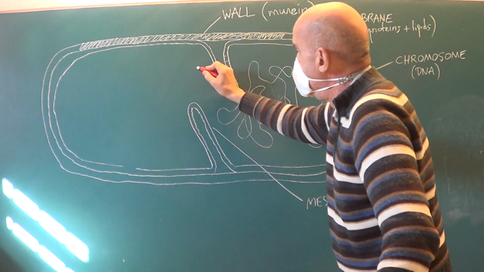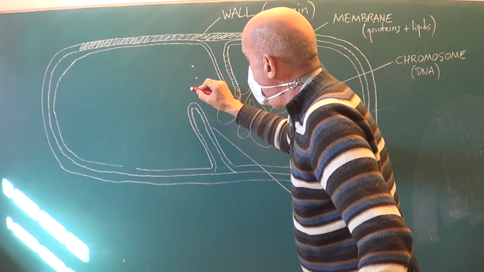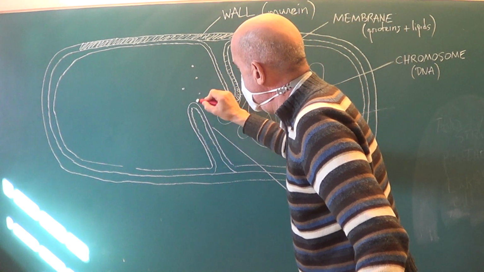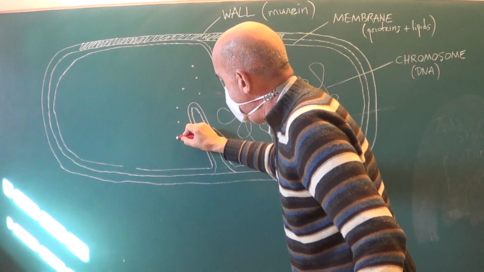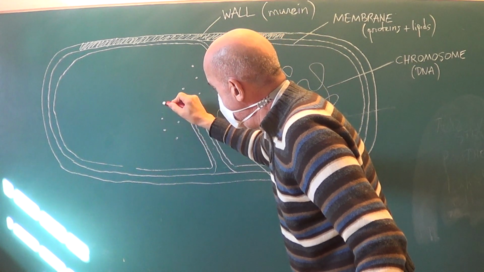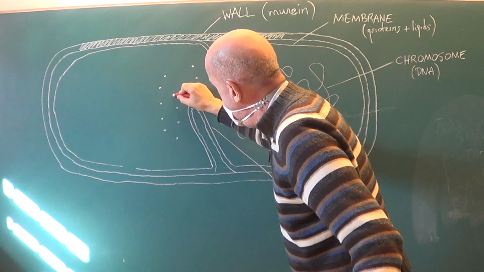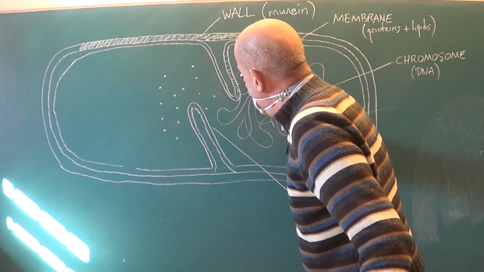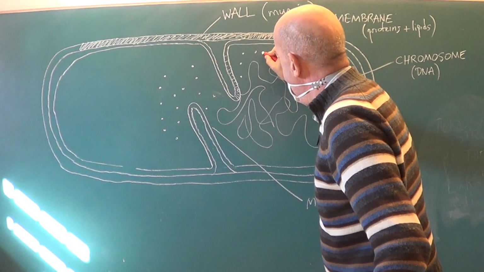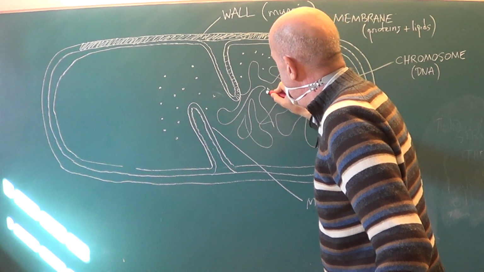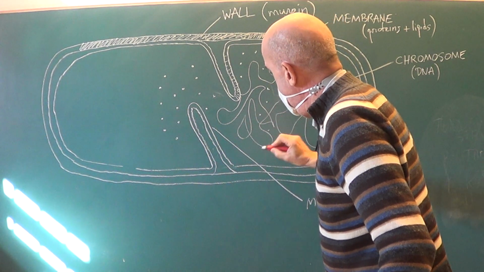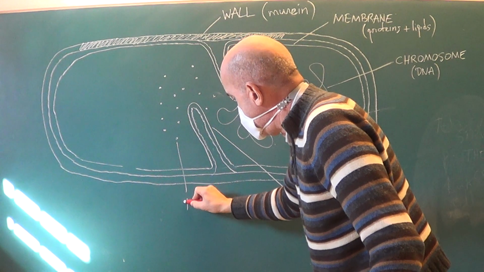So, just draw small dots, many of them, hundreds of them, and each one is a ribosome.